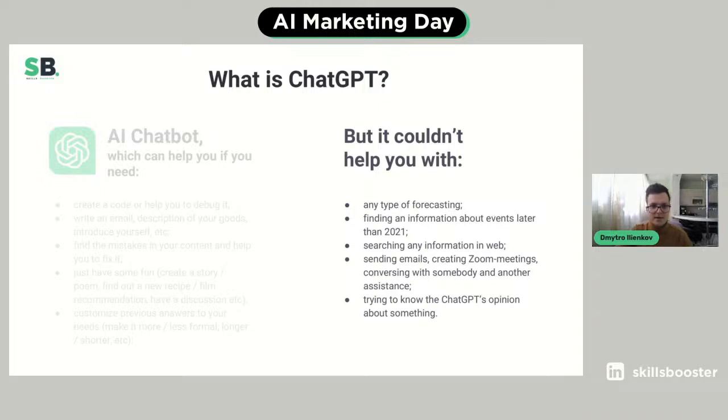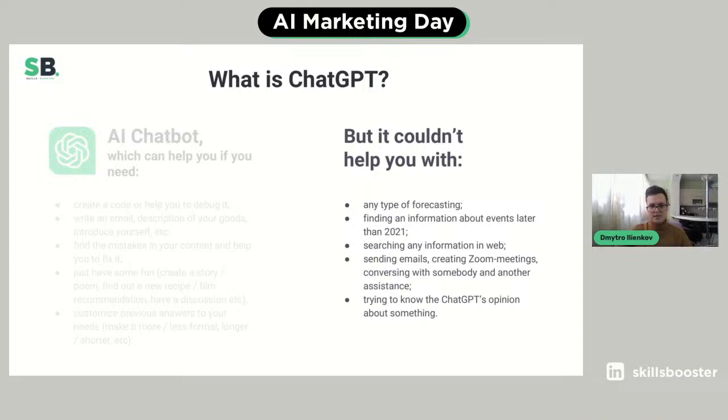Also, ChatGPT can't find information about events later than 2022 because ChatGPT analyzed a huge mass of data at the beginning of 2022, and currently, as far as I know, they're working on improving the database, but it is still in progress.